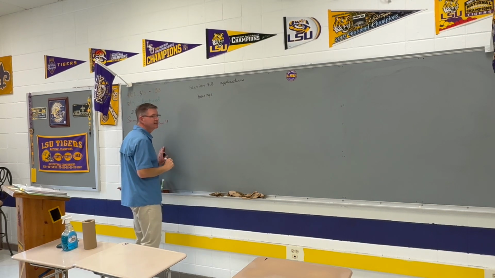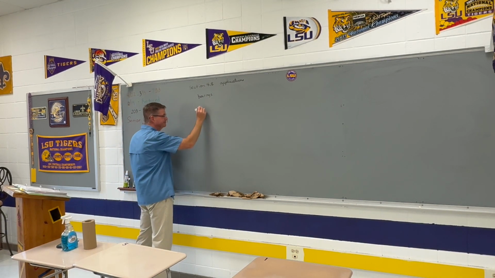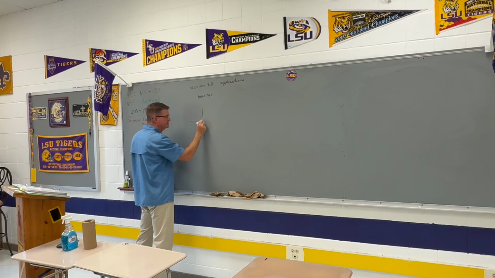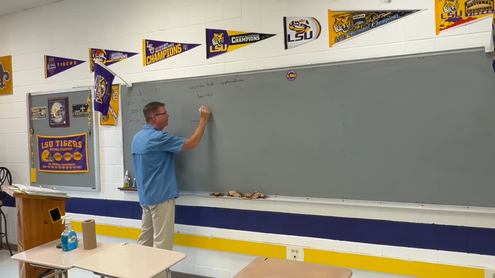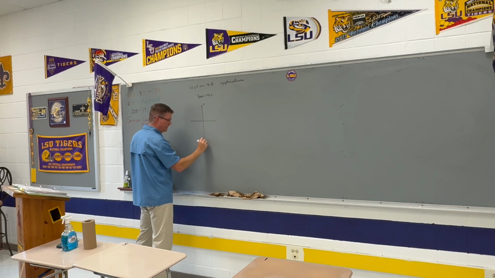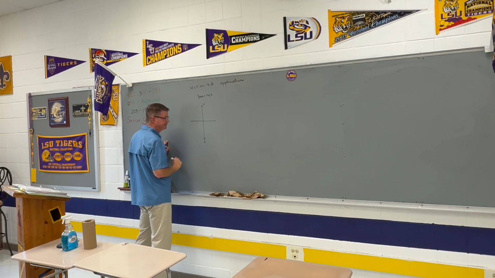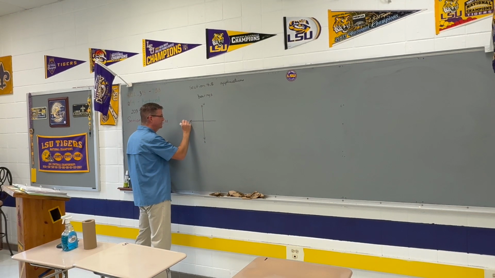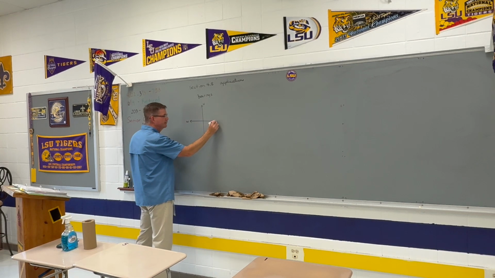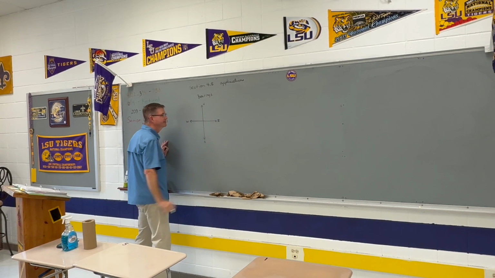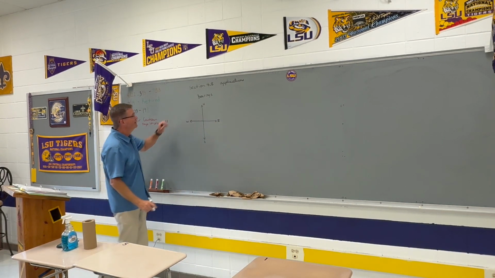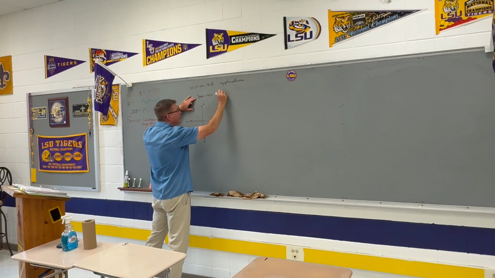So what we have is a bearing, and bearings start out with a north or south heading. So we look at a compass, if you will, where up is north, down is south, to the left is west, and to the right is east. So for a bearing, we have either a north or south heading.